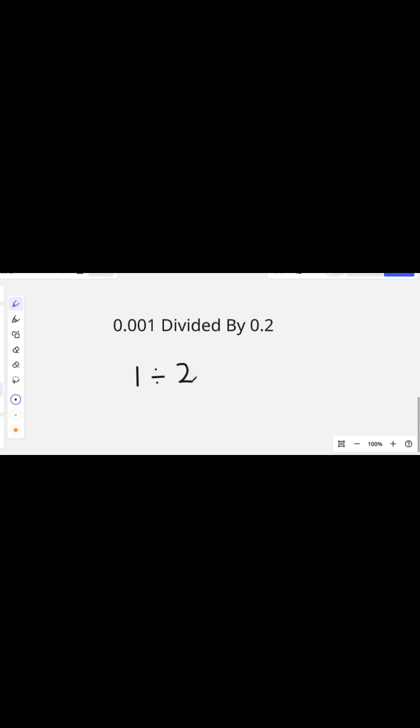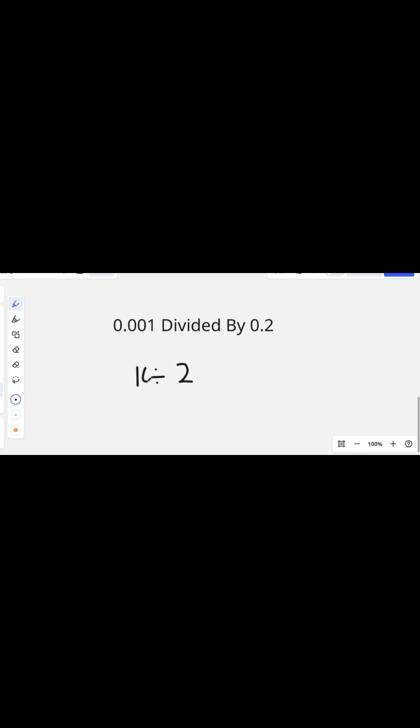Now, let's say we have 0.001 divided by 0.2. So now it's 1 divided by 2. 1 divided by 2 is 0.5, but we can make it easier.